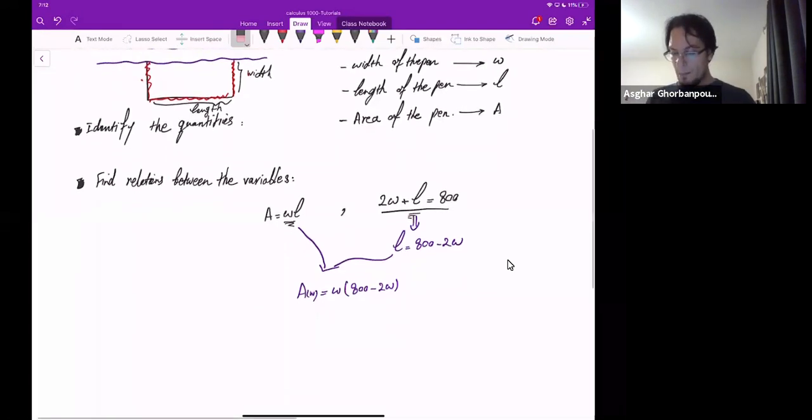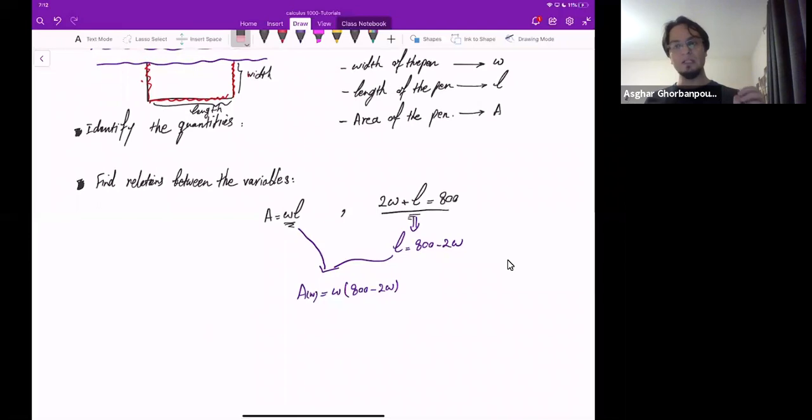Okay? But always remember, when it comes to maximum optimization problems, it's very important to find the domain of your variables. For a second, you think that, okay, when you look at A(W) here, it is a polynomial in W. And the domain of polynomials is always all real numbers.